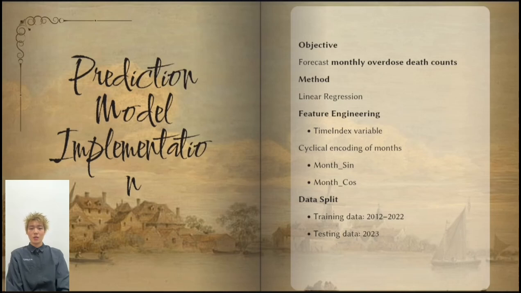We chose linear regression because the historical data shows a clear upward trend from 2012 to around 2021. The number of overdose deaths gradually went up over time. This means a simple regression model can capture the main pattern in the data.